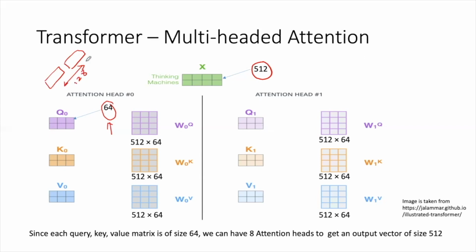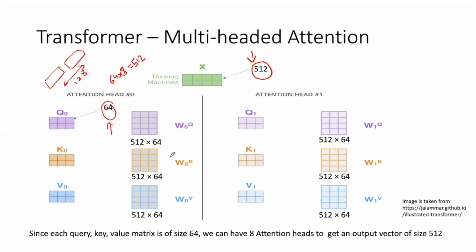Similarly, if you concatenate eight such vectors, you'll get a contextual embedding that is of size 512. So 64 into 8, that gives 512, which is basically the dimensionality of the input word.